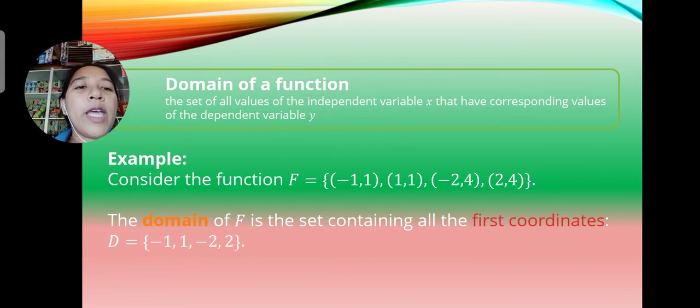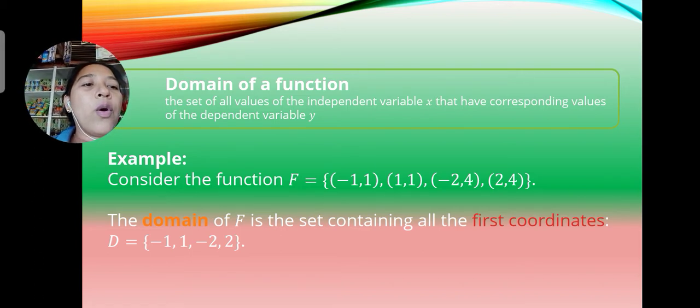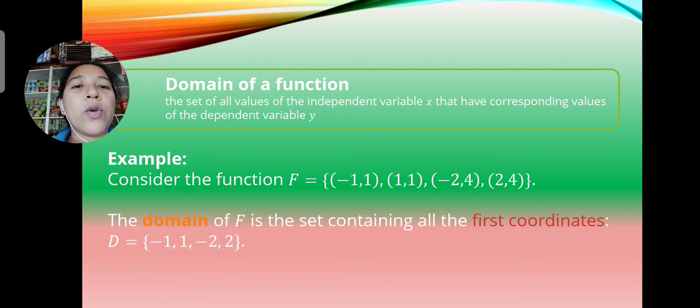The domain of f is the set containing all the first coordinates. So, the domain is -1, 1, -2, and 2.